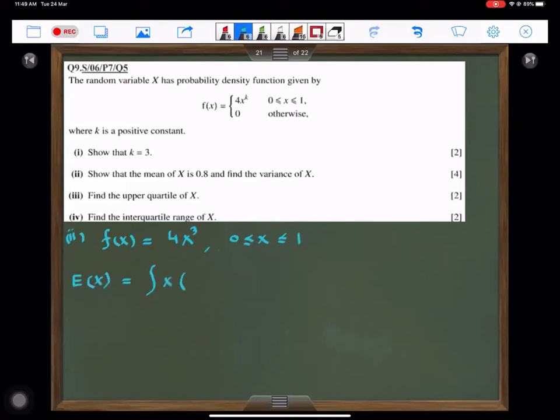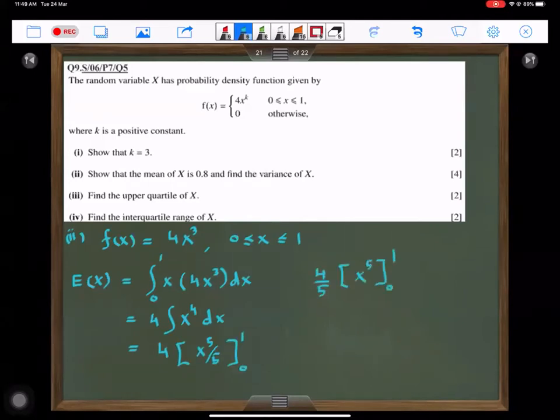That's how you should write it, and of course you can simplify it later. Between 0 and 1, 4 on the outside, x^4 dx. That's 4 times x^5 over 5 between the limits 0 and 1. That is 4/5 x^5 between 0 and 1. That's 4/5 times 1 to the power 5 minus 0 to the power 5, which comes out to be 4/5 or 0.8.